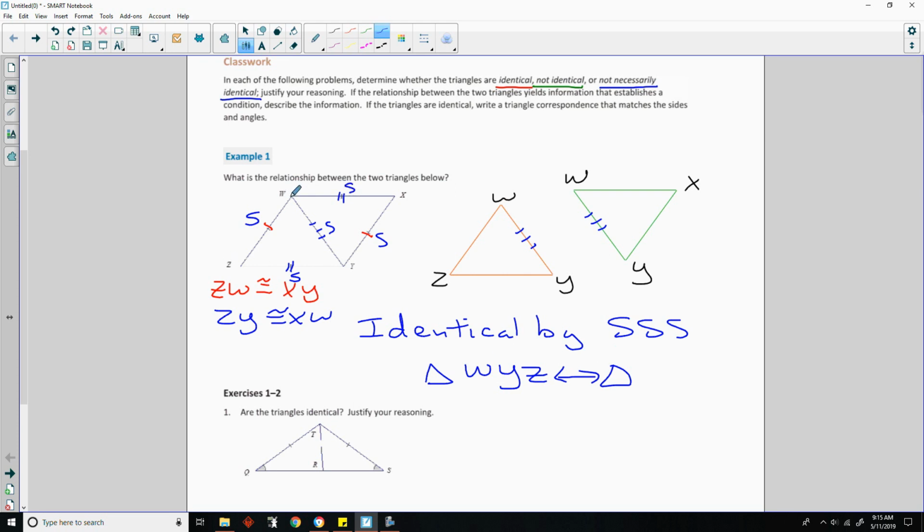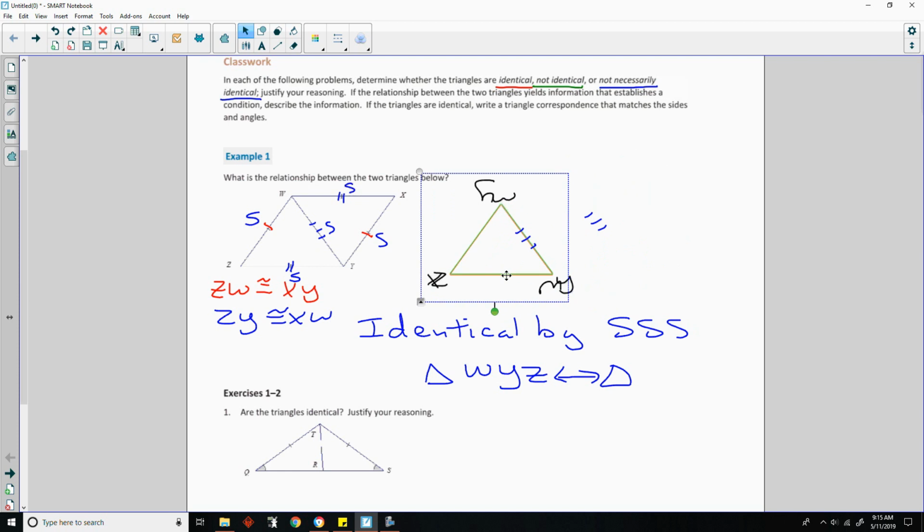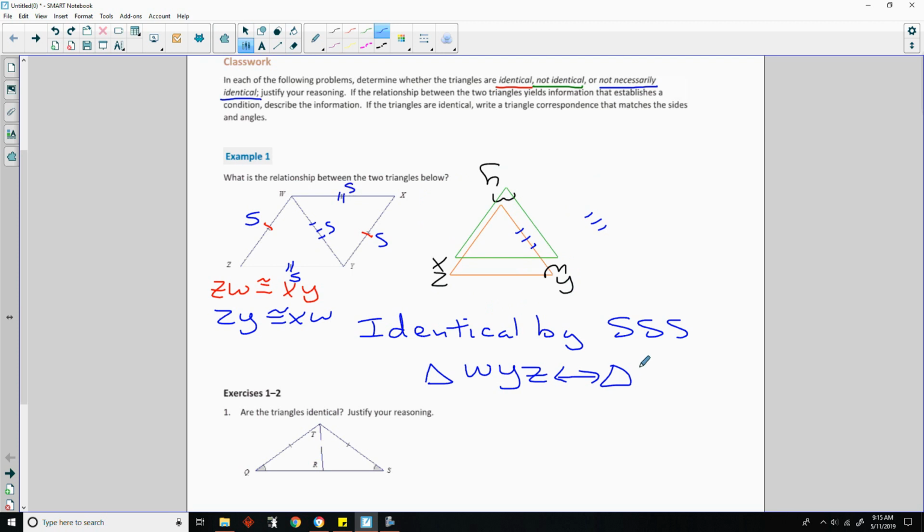Now W is here. Now you need to be careful with the way you label the next one. You can't call it WW when we're talking about this, because if I take this and I rotate it around so it's in the same position as the orange triangle, and I lay it on top right here, what corresponds to W? Well, it's upside down, but it's this Y. So it's going to be Y.